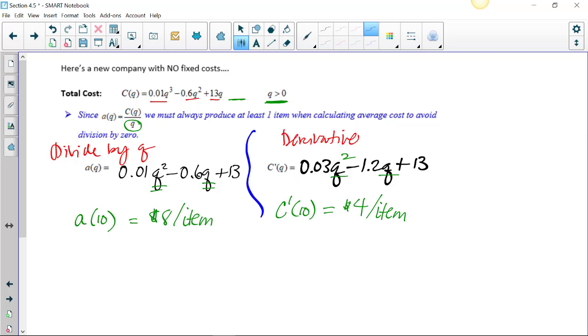Okay, so look what's happening here. The marginal cost, the cost to make the 11th item, is $4. The average cost per item is $8. So since marginal cost is less than average cost, we're going to increase production.